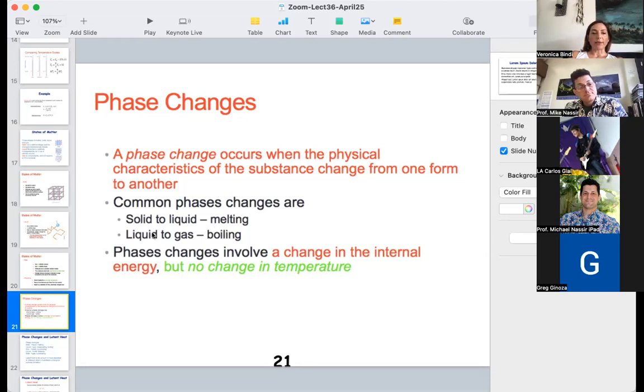So when you get to the boiling point of water, the water keeps moving from being liquid to being a gas. And if you keep it for too long, you will end up with no water whatsoever. But during that entire phase change, the temperature is still 100 degrees. So it doesn't change. What you have is a change in the internal energy, but not in temperature.